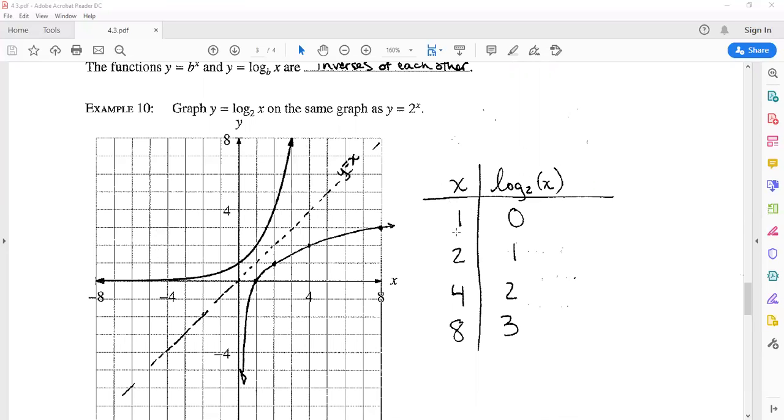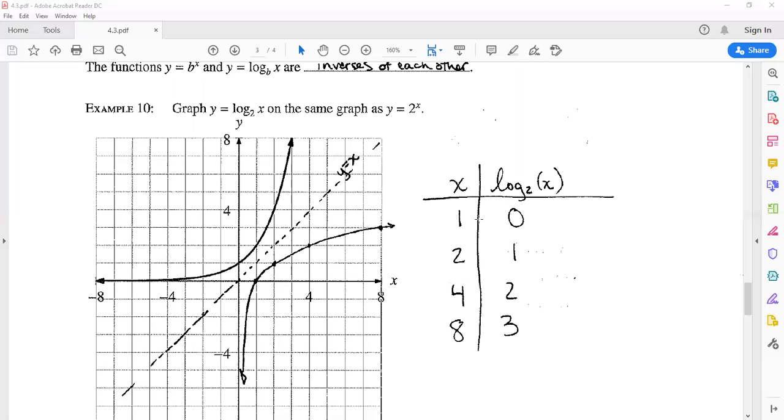If x is 1, log base 2 of 1 equals 0. So 1 comma 0 is on the graph of log base 2 of x. If x is 2, log base 2 of 2 is 1, since 2 to the 1 is 2. So the point 2 comma 1 is on the graph of y equals log base 2 of x.